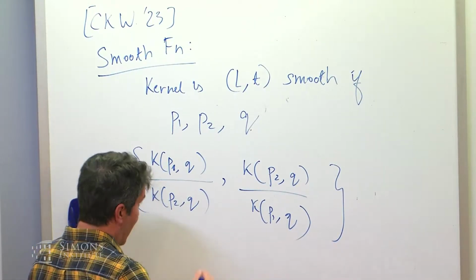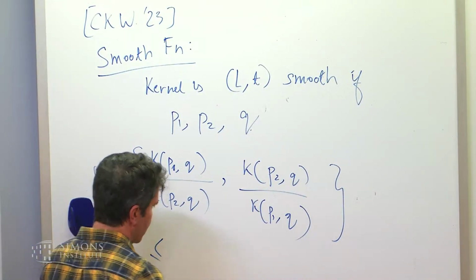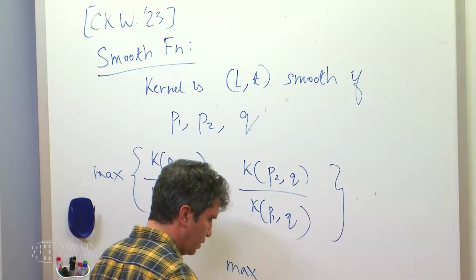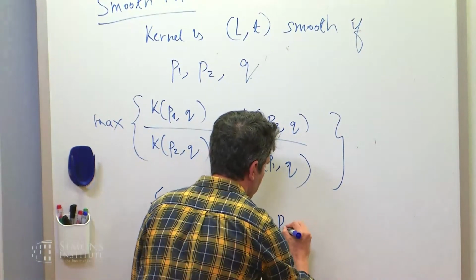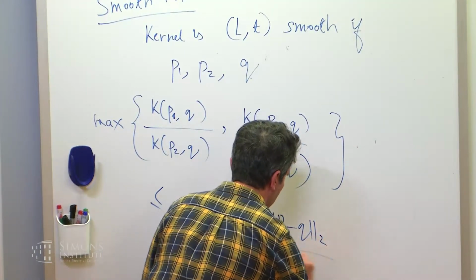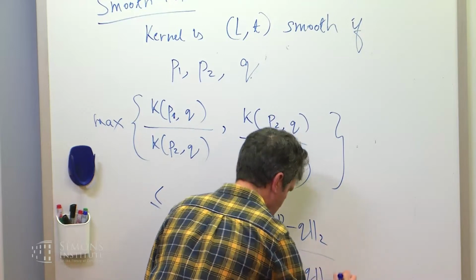Okay. And for a smooth kernel, these things depend on the distances between points in the following way. P1 minus Q divided by P2 minus Q, and its inverse.